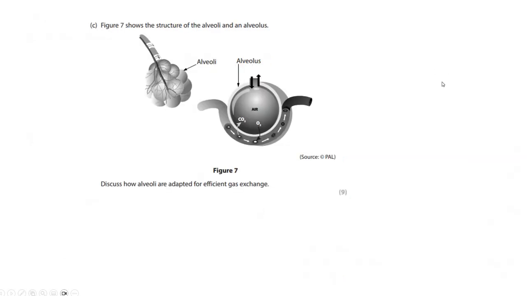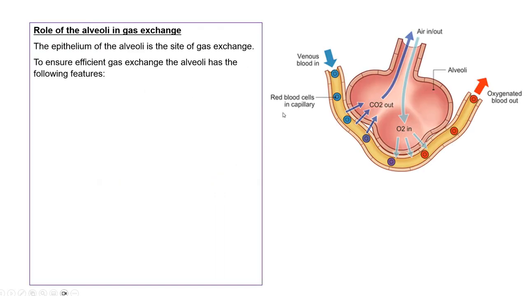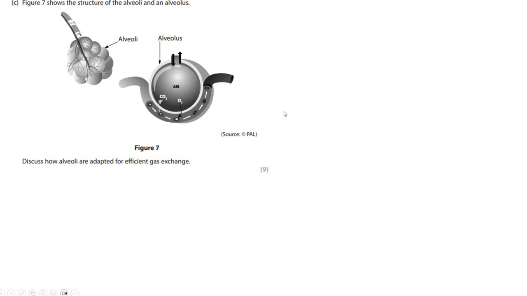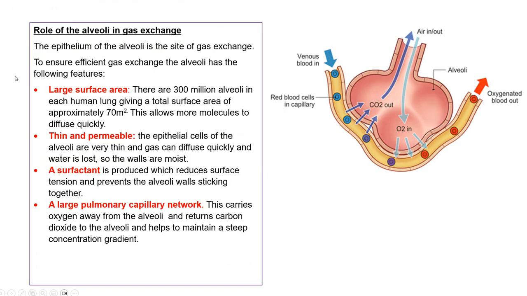Figure 7 shows the structure of the alveoli and an alveolus. Describe how alveoli are adapted for efficient gas exchange, for 9 marks. So remember that alveoli have a large surface area because there's lots of them. They're very numerous. There's like 300 million of them, which gives a large surface area.